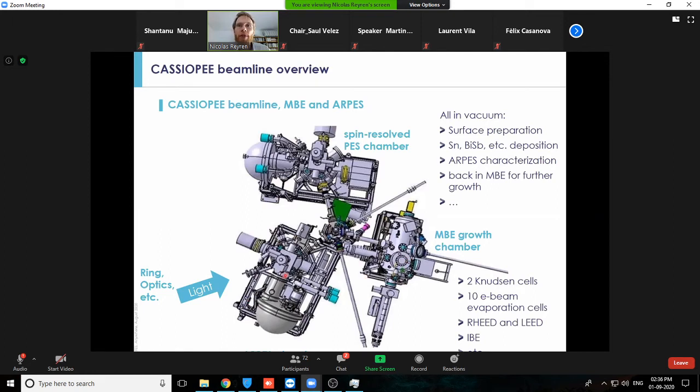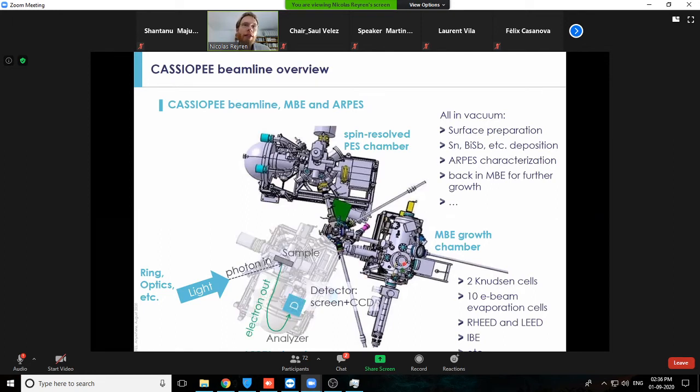Here you have the ARPES chamber and the MBE growth chamber, and essentially what you do is take light from the synchrotron ring, shine it on your sample, and you get an electron out, and with a detector and an analyzer, you measure its energy and its momentum. This way you can reconstruct the band structure.